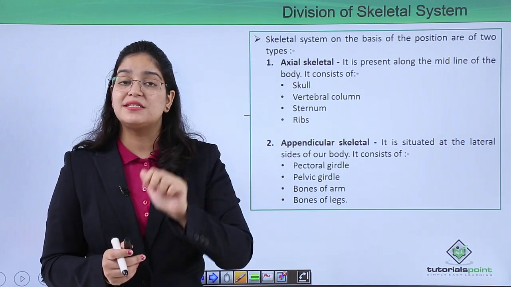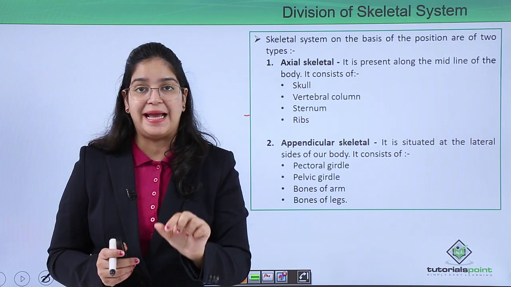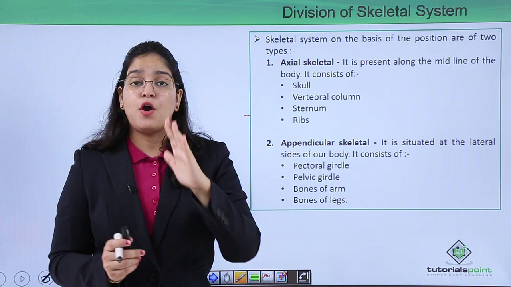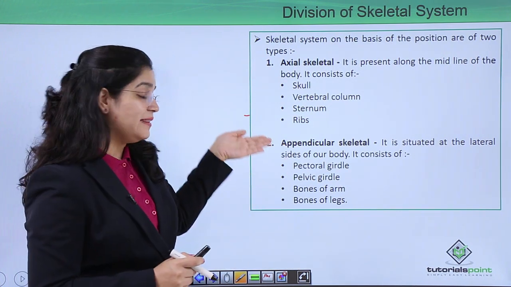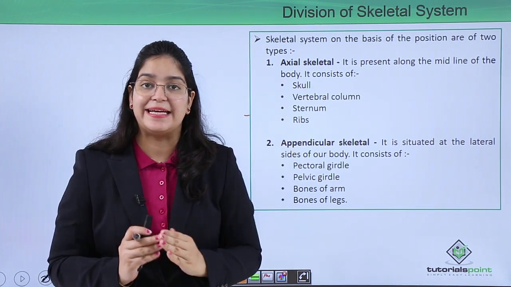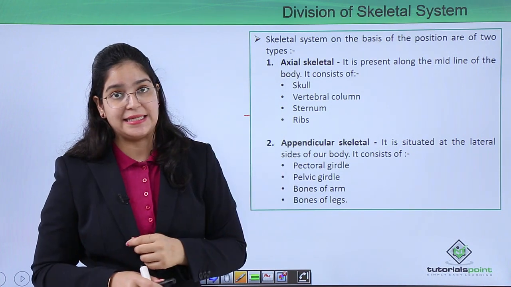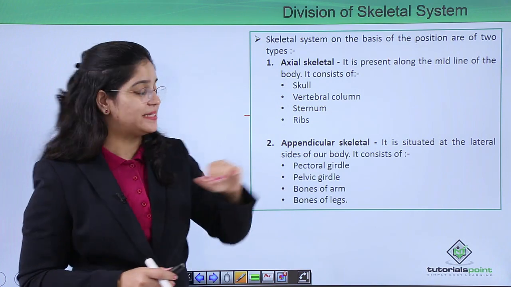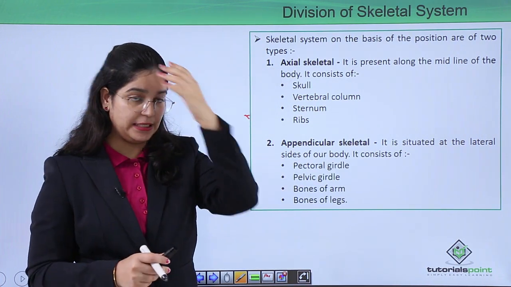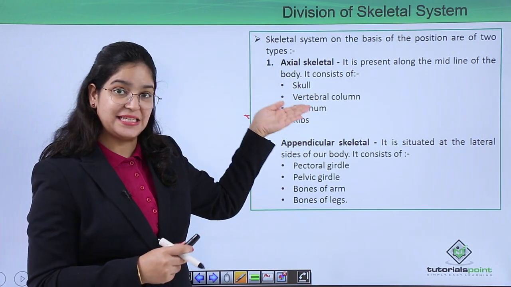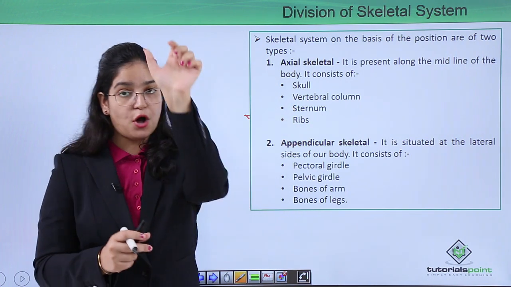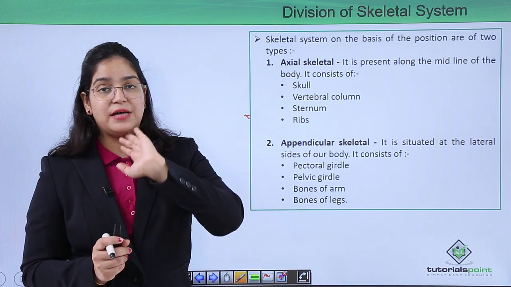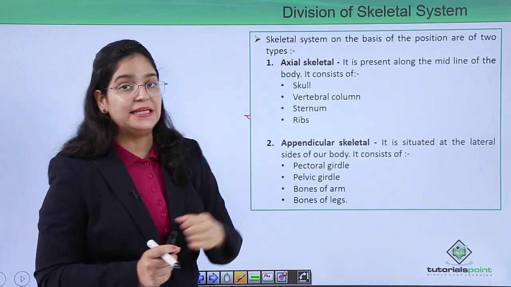All the bones, all the structures which are present in the midline are associated with the axial skeleton, and all the bones which are present on the lateral side are called the appendicular skeleton. In the midline, the bones present are the skull in the center, the vertebral column, the sternum and the ribs. All these are present in the midline. That is why they are associated with the axial skeleton.